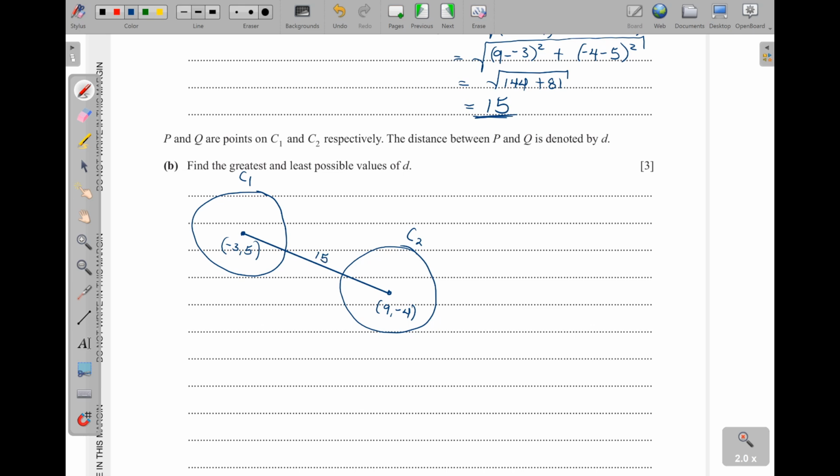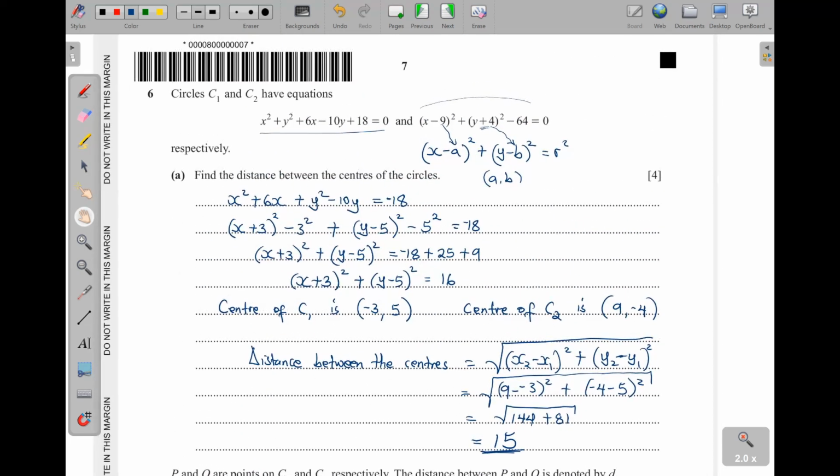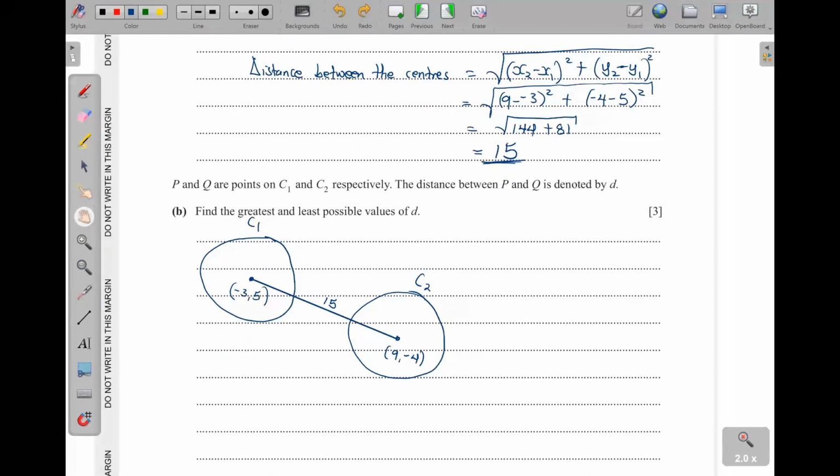But we know that the radius of the first one, of C1, we shall get the root of this 16 here, okay? Check this here, r squared. So the root of 16 is going to give us a 4. So that means here we shall have a 4.